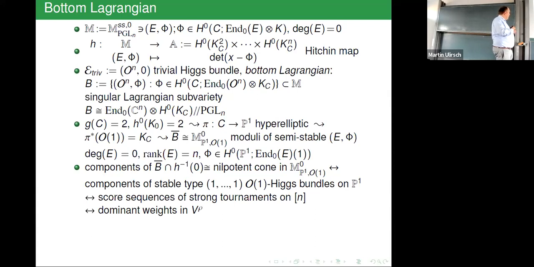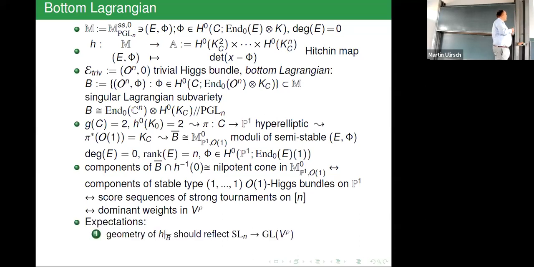Yes. And instead of telling you the reasons why I believe that the moduli space is understood right, instead I just tell you this as an expectation.